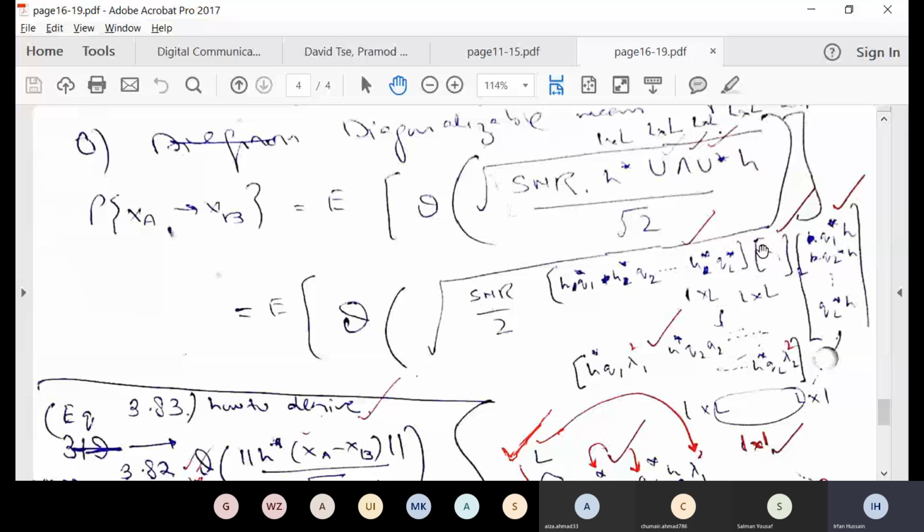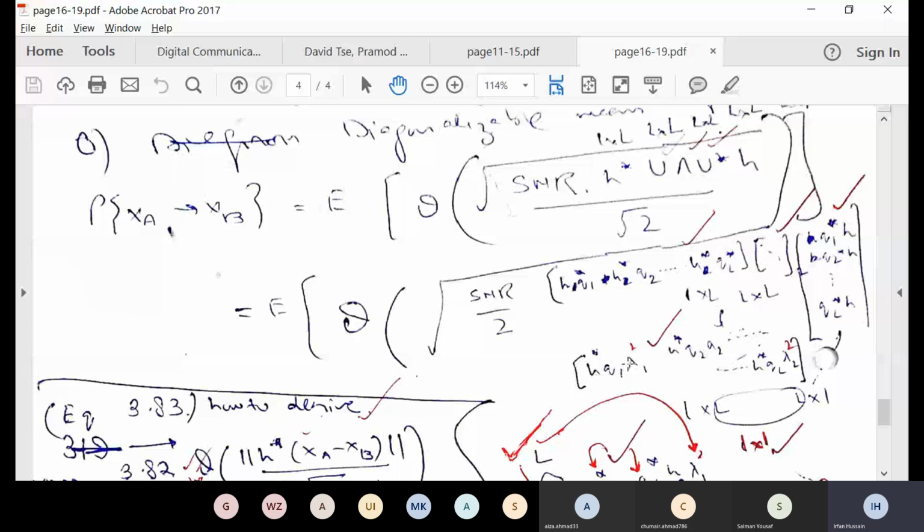So again, you have a vector whose size is 1 cross L, where each value is the dot product of H with Q1 into lambda 1, lambda 2, like this and like that. So I get here, this is already there, which is L cross 1, 1 cross L. So I multiply, I will get a 1 cross 1 scalar value. This will all go with this. So H Q1 lambda 1 will go with Q1. So you have H conjugate H and Q1 with Q1 conjugate.